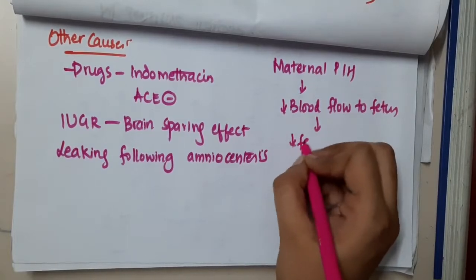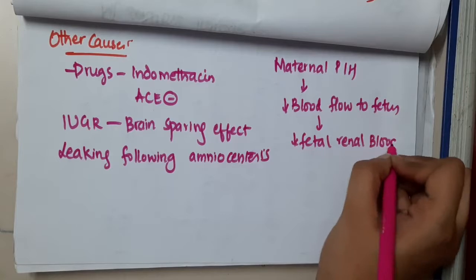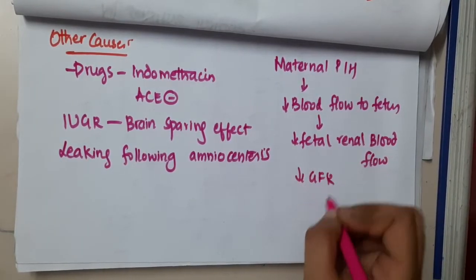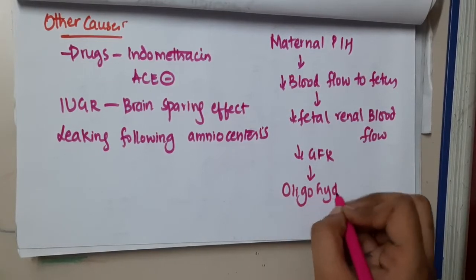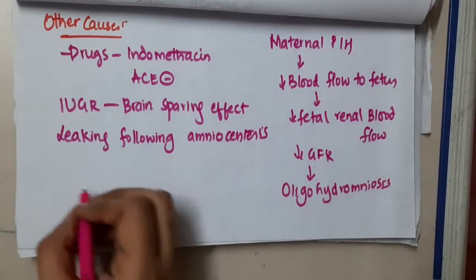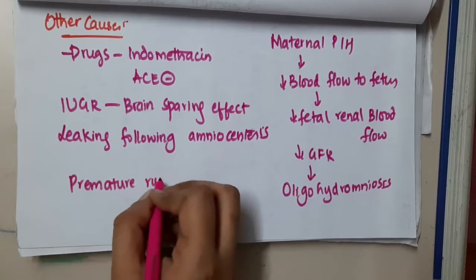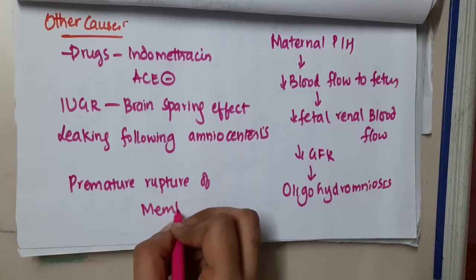This will also decrease the fetal renal blood flow, which will decrease the glomerular filtration rate, thus causing oligohydramnios. It can also occur because of premature rupture of membranes, where the fluid goes out, thus causing oligohydramnios.